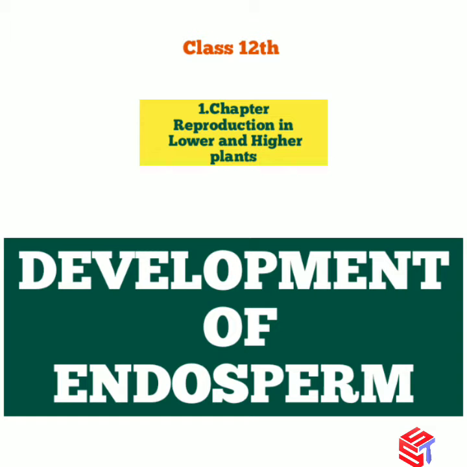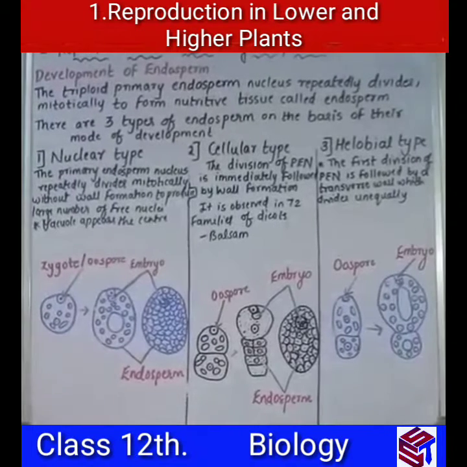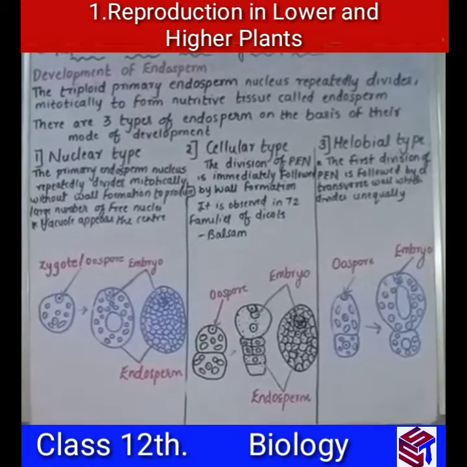Everyone, today we will be studying the development of endosperm, the first chapter. The first question that arises in the mind is: what is meant by endosperm? I think you all remember the PEN which we discussed in double fertilization; that is nothing but the primary endosperm nucleus.